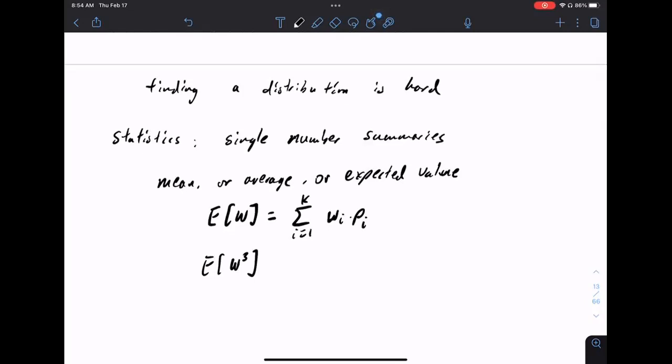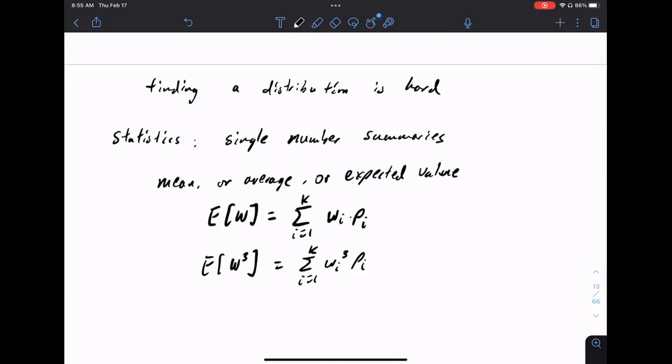It's the same thing, just you raise this number to the cube. So this is expected wind speed, and this is proportional to the expected wind power that we have. All right, so this is the mean, or expected value, or average. You see all this terminology come up all the time.